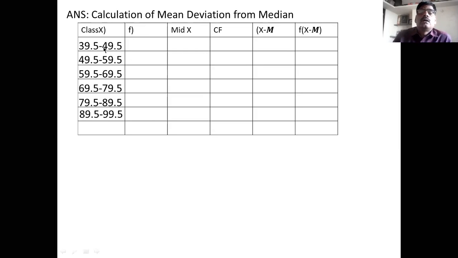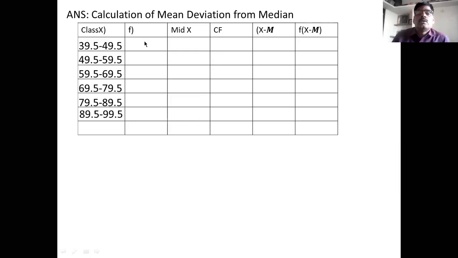Upper limit of first class plus lower limit of second class divided by 2, that is 49 plus 50 divided by 2, that is 49.5. And increase 0.5 to the upper limit, decrease 0.5 from the lower limit. You will get the class.